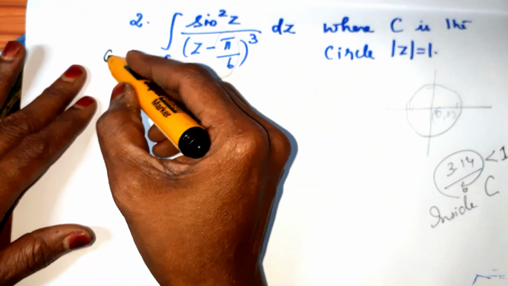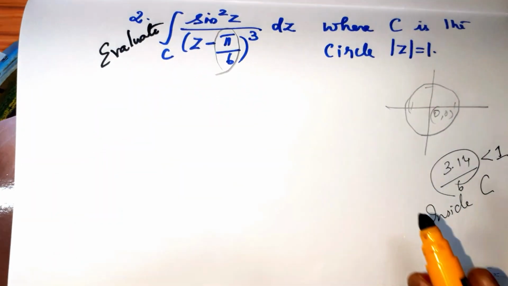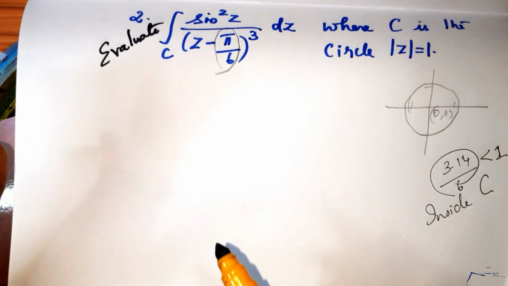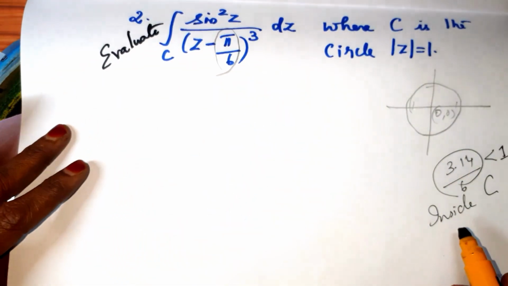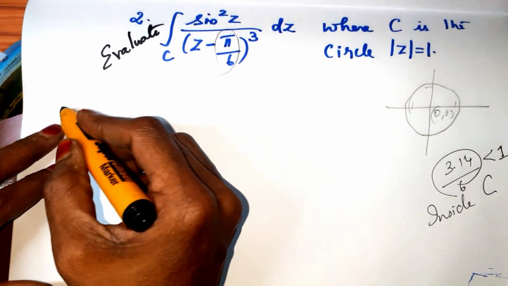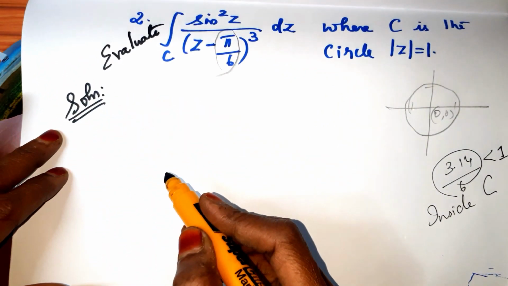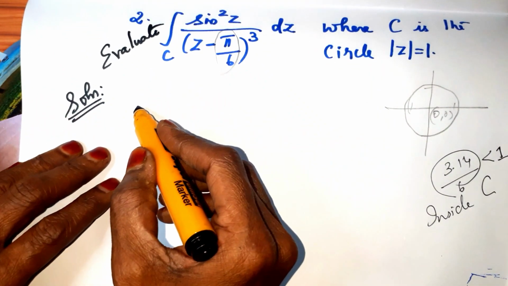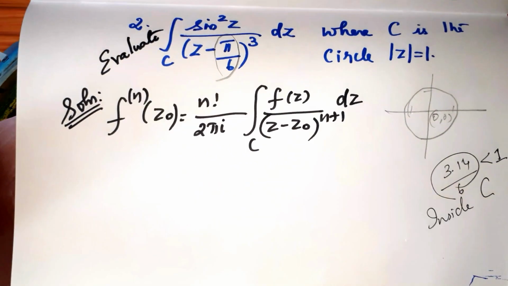So this integration only we are going to evaluate, right? If it lies outside, no need to go for the formula, just take that value as 0. But here this point is lying inside C, so we have to use the formula, right? What is the formula we have for higher orders? Can you tell me the formula?